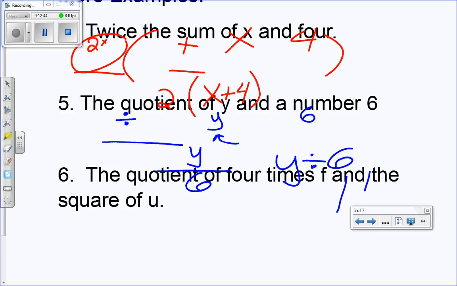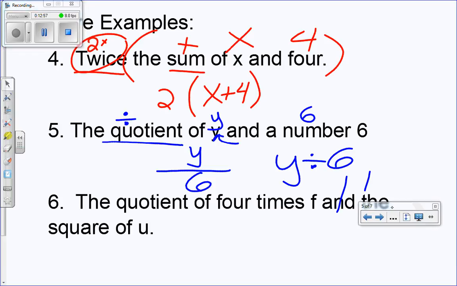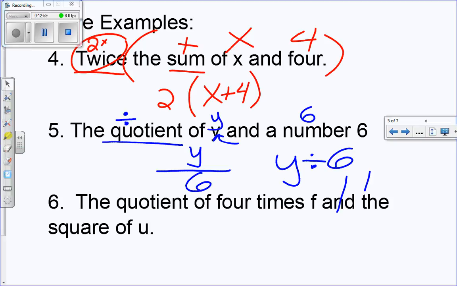Okay. So it says the quotient of 4 times f and the square of u. All right, this one's a little bit involved. So once again, the quotient of 4 times f and the square of u. Okay, so I see quotient for division, times for multiplication, square of u.